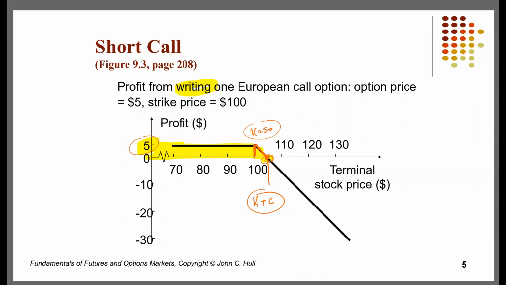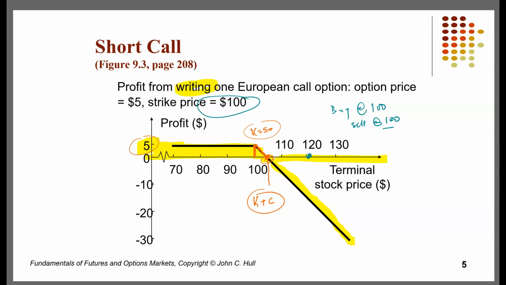And what happens next? Well, the more the value of the underlying increases, the more the losses of the short call accumulate. What does that mean? It simply means that if the value of the underlying turns out to be equal to 120, the long call is going to exercise the call option and buy the underlying at $100, that's the strike price, and turn around and sell it at 120.